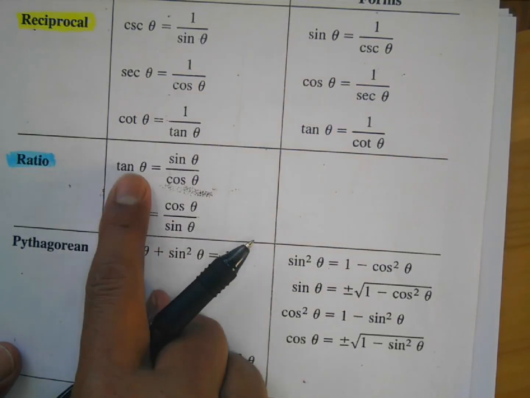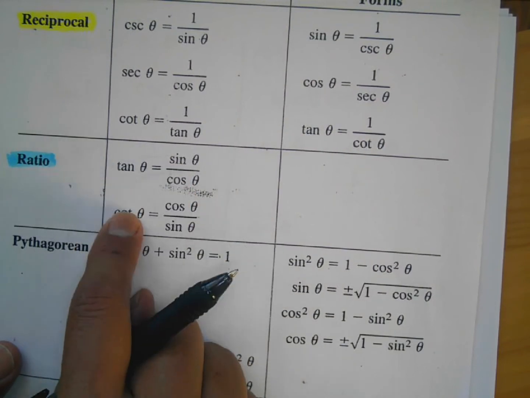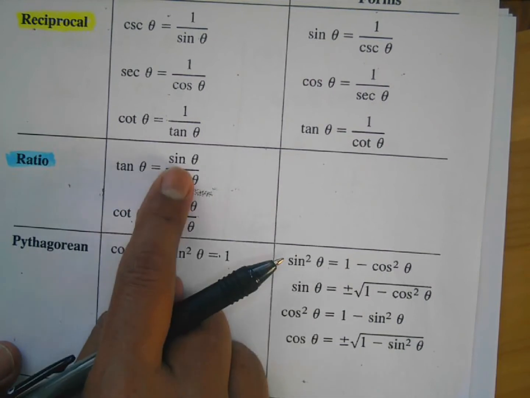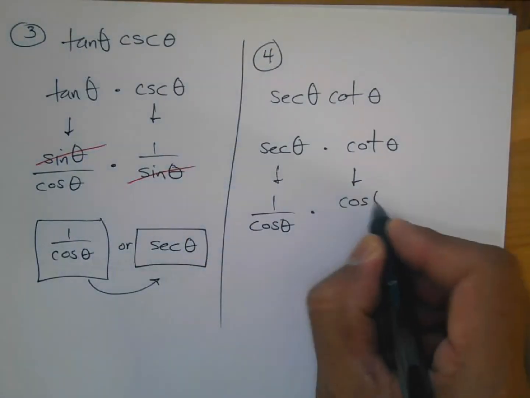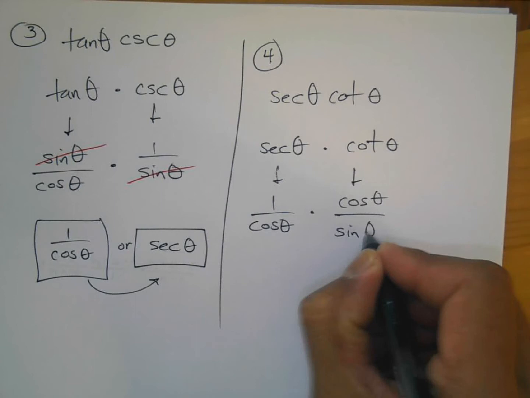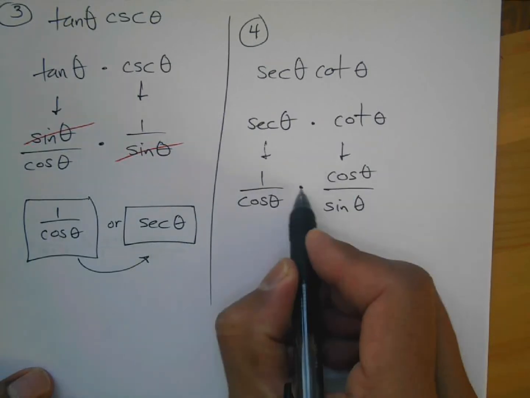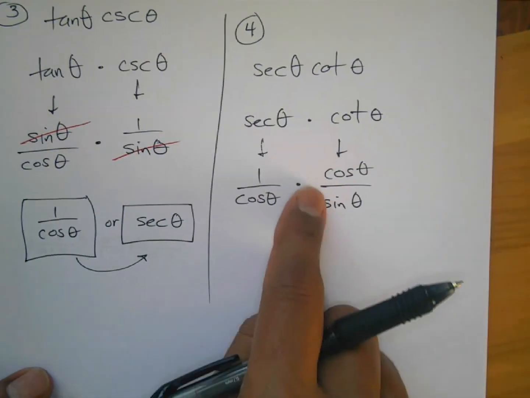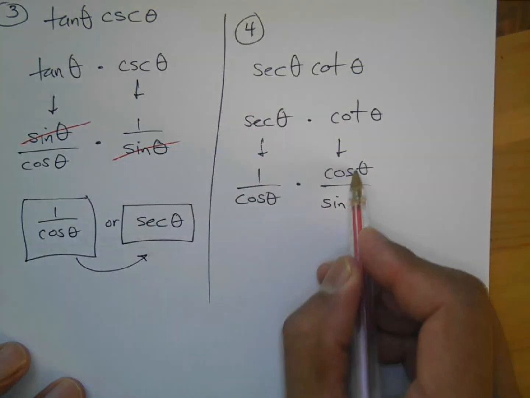Cotangent is what? Well, if tangent is sine over cosine, the reciprocal of tangent is cotangent. The reciprocal of sine over cosine is cosine over sine. So cotangent is cosine over sine. So again, now we got a fraction times a fraction. Does anything in the top match and can cancel with anything in the bottom? Yes, definitely.